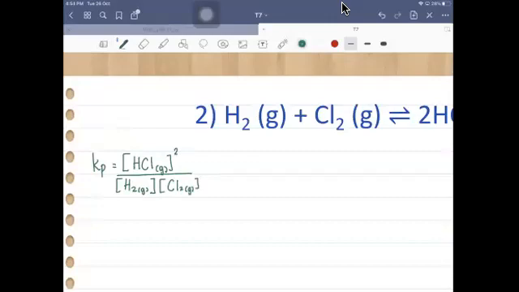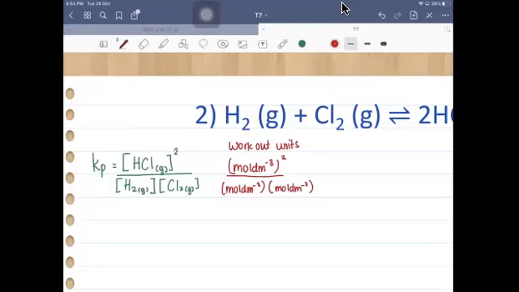Working out units. I'll just show you step by step. Top part, I have mole per dm cube square. I wouldn't open the bracket yet. Bottom part, I have mole per dm cube times by mole per dm cube, and that is the same as mole per dm cube to the power of 2.